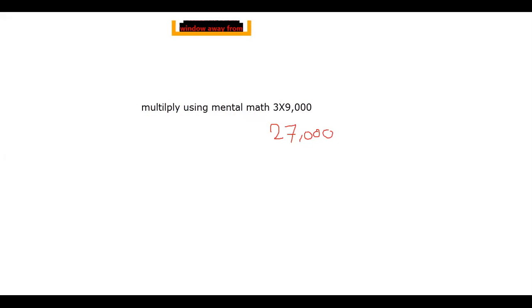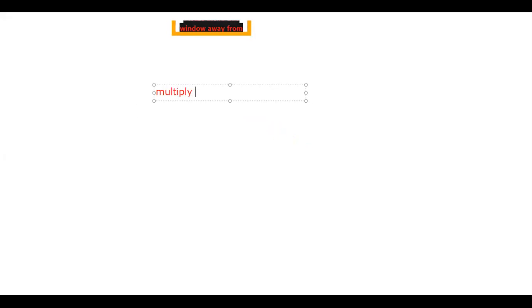When I say multiply without using mental math, like this, multiply 5 times 22, what you do is multiply regularly. We write them above each other like this: 22 times 5.